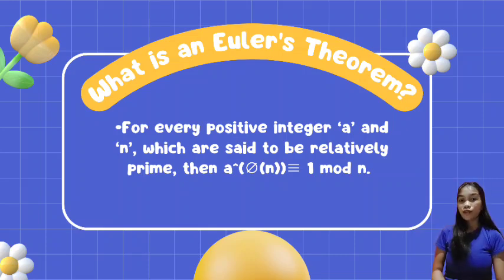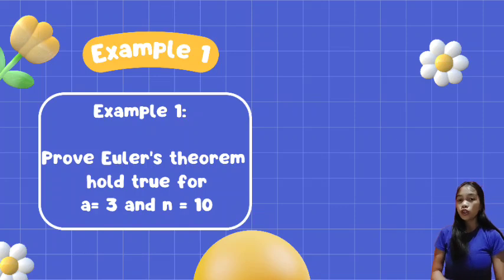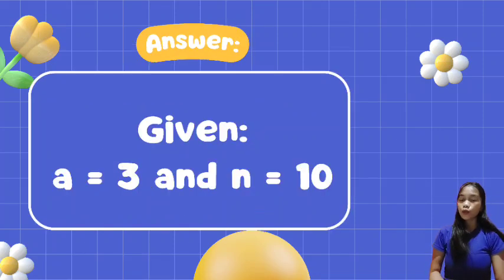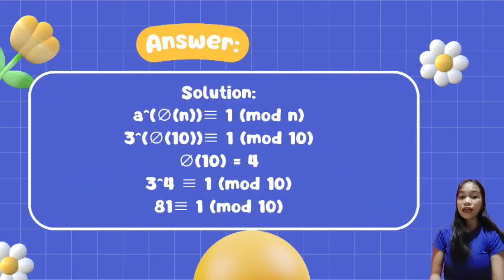We have to prove Euler's theorem holds true for a is equal to 3 and n is equal to 10. By substituting the given values to our formula, that would become 3 raised to the power of phi of 10 is equal to 1 mod 10.